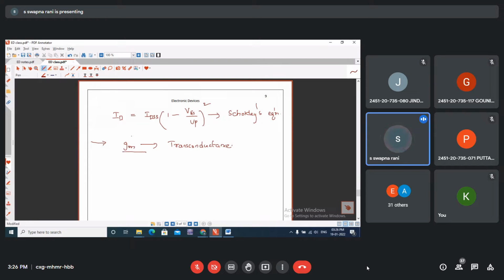So we will derive different expressions for GM. First, what is GM? GM is transconductance. It means output current by input voltage.